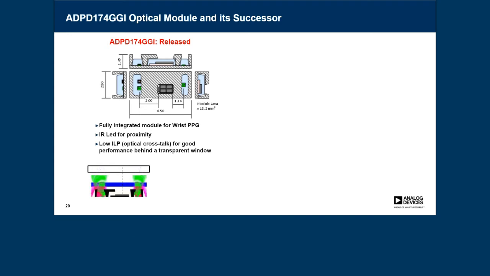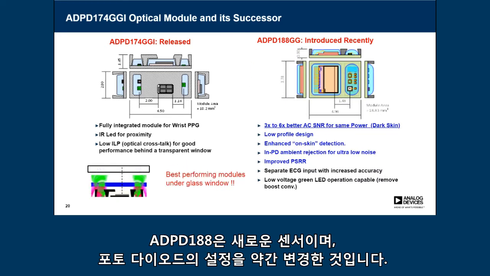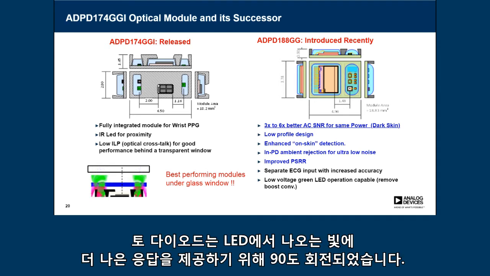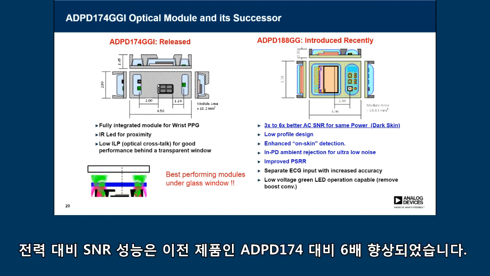And that's one of the challenges that you have to design against if you have a plastic window on top of the sensor. The ADPD188 is a new sensor where we changed the setup of the photodiode a little bit. The photodiode has been rotated by 90 degrees to have a better response to the light coming from the LEDs. It has two green LEDs integrated, and its SNR performance versus power is 3 to 6 times better compared to the predecessor, the ADPD174.